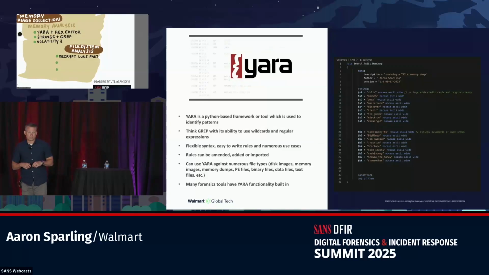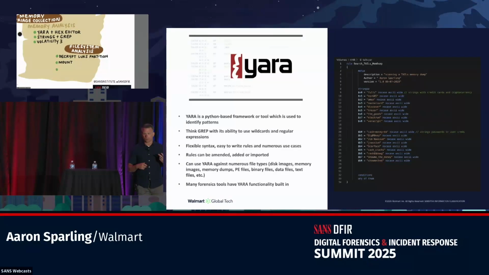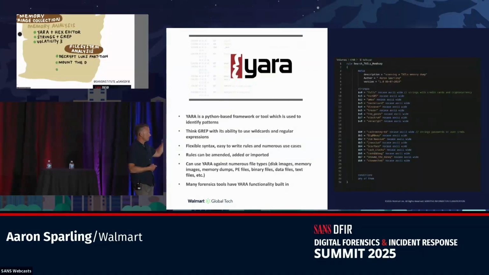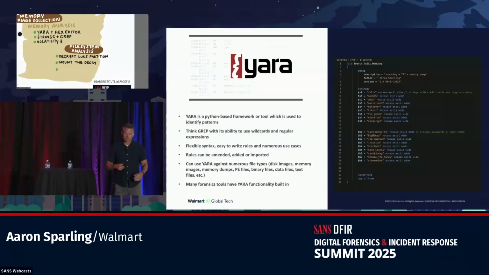All right. So this is a very, very simple Yara rule. You're probably not going to be able to read it, but essentially it is a bunch of strings that have to do with things like passwords, credit card cloning, PII, VeraCrypt and Bitcoin wallets and things like that, because that's what this data set is based off of.